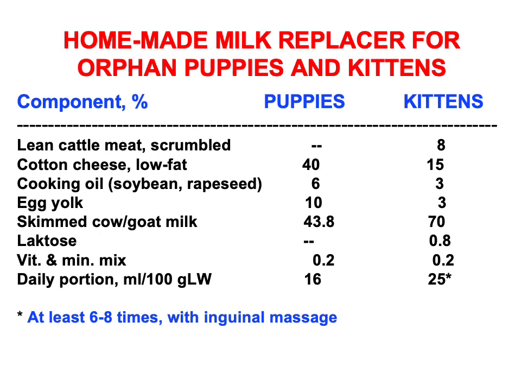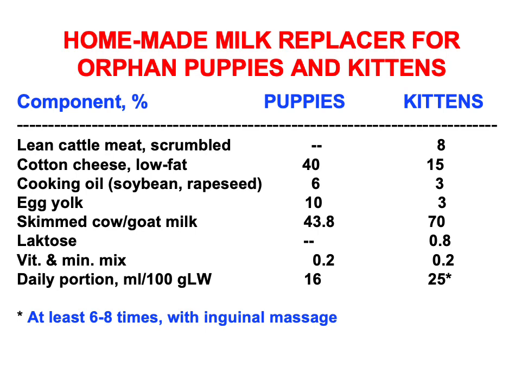You can use lean cattle meat, scrambled, for the cat. For both, cooking oil, preferably soybean or rapeseed and not sunflower, egg yolk, and, because of the high lactose level in the queen's milk, lactose for the kittens, and a vitamin mineral mixture.